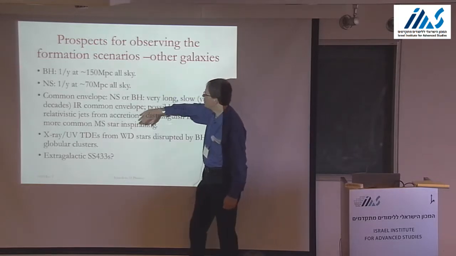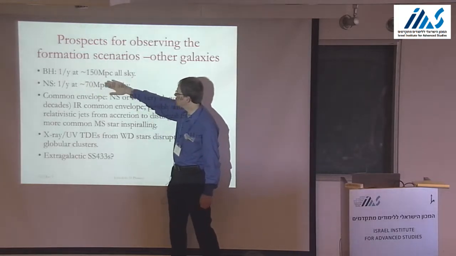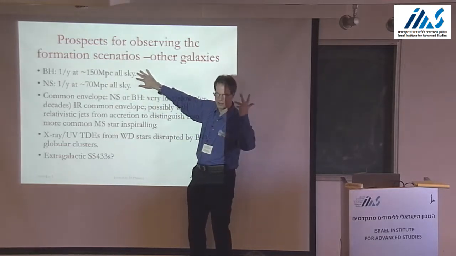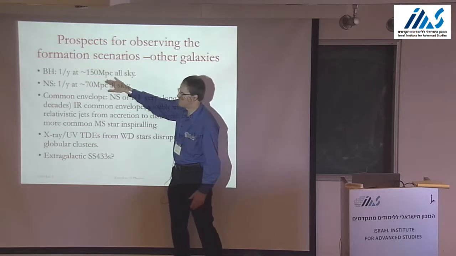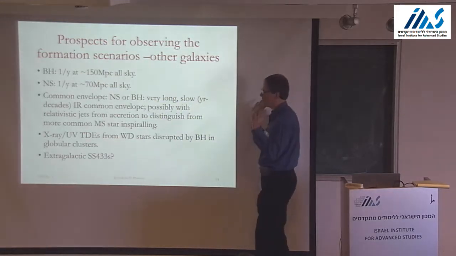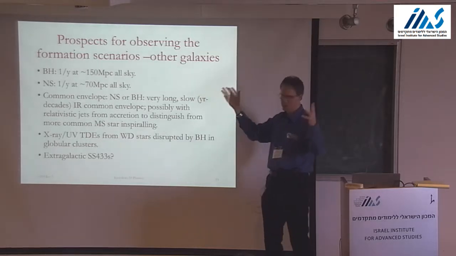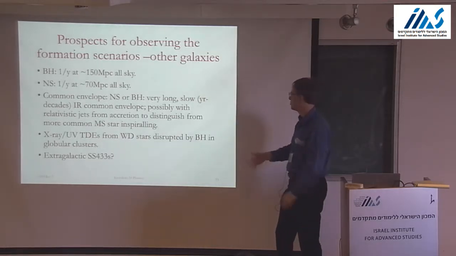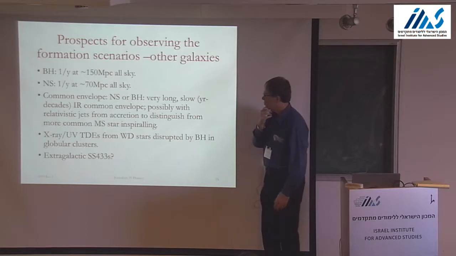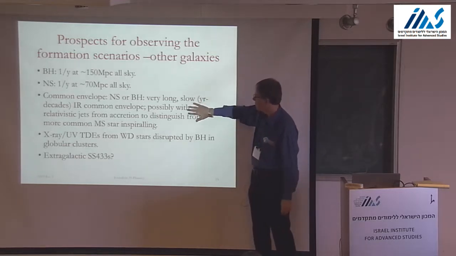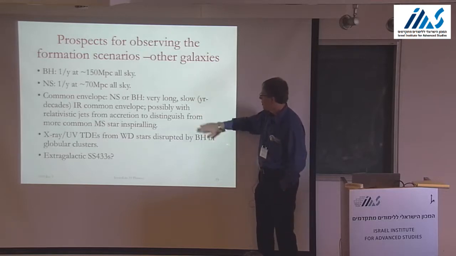So black hole formation from the LIGO rate is roughly 1 per year at 150 megaparsecs, whole sky. So we want to be looking for a transient event, monitoring the whole sky out to 150 megaparsec, and we'll see one common envelope evolution, for example, where a black hole or neutron star spirals into another star.